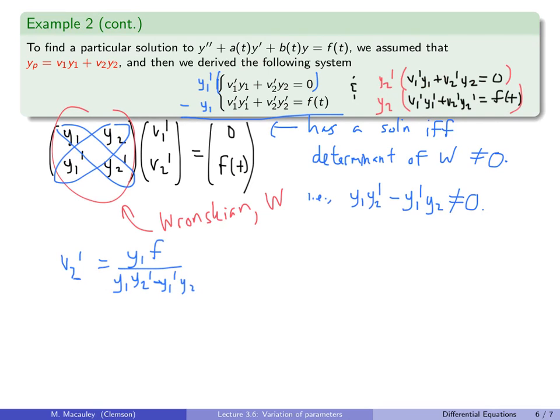And then you get that v1 prime is negative y2 f over y1, y2 prime minus y1 prime, y2.